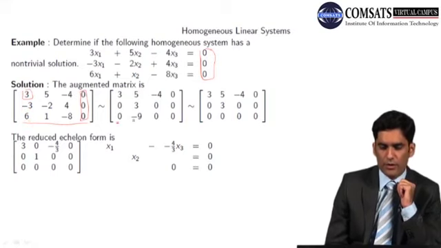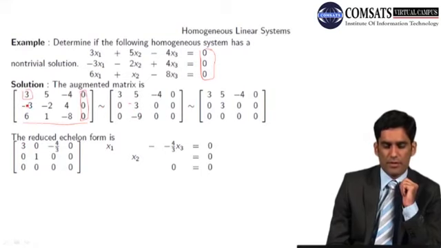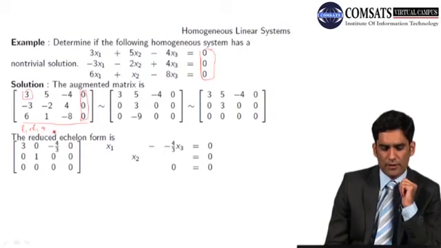So in the next row I have made the row operations such that these two elements are zeros, and these row operations are R2 plus R1 and R3 minus 2 times R1. So these two row operations will make these two entries zeros. So we have zeros here and some other entries here.